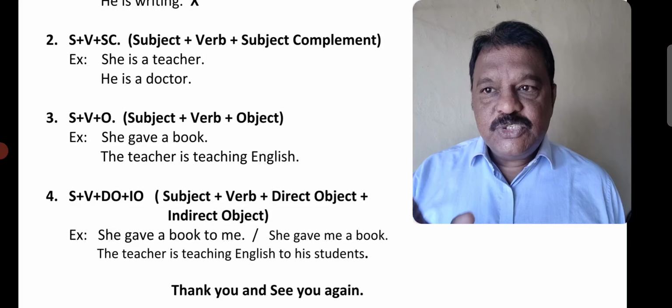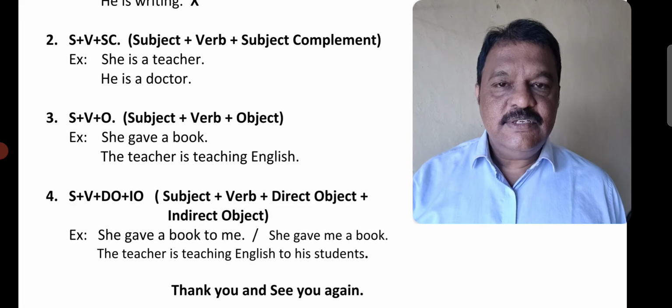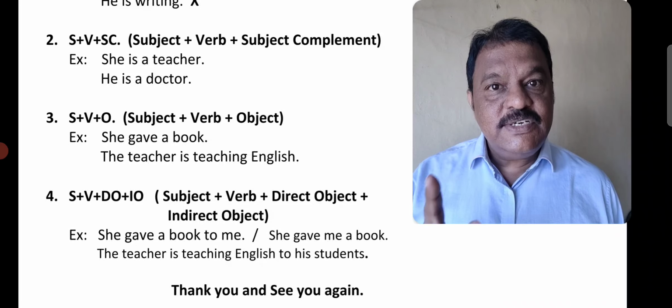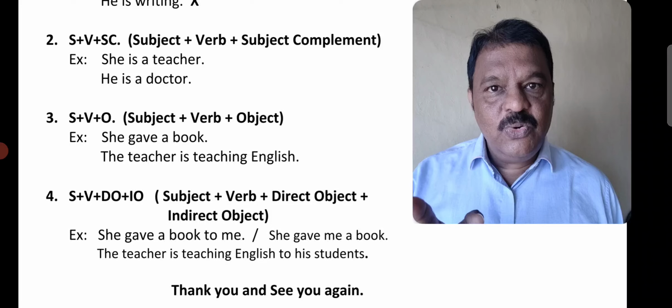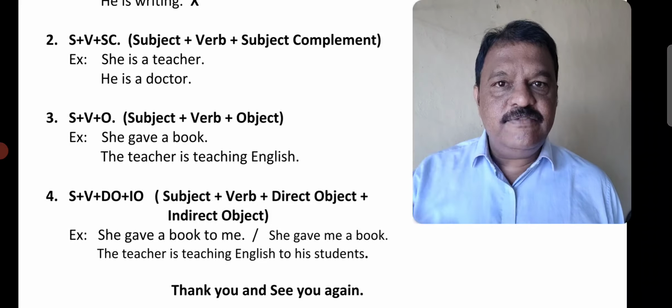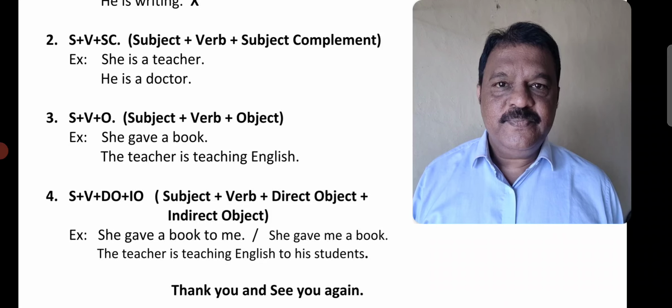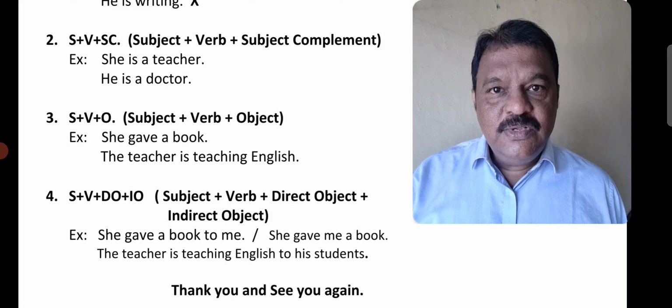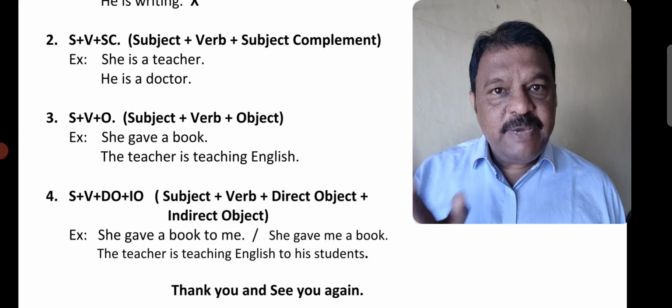Now, my dear friends, look at the verb gave. The verb gave is a transitive verb. So, an object must be placed after the verb in your sentence. This is what I was trying to tell you when we saw pattern number 1.